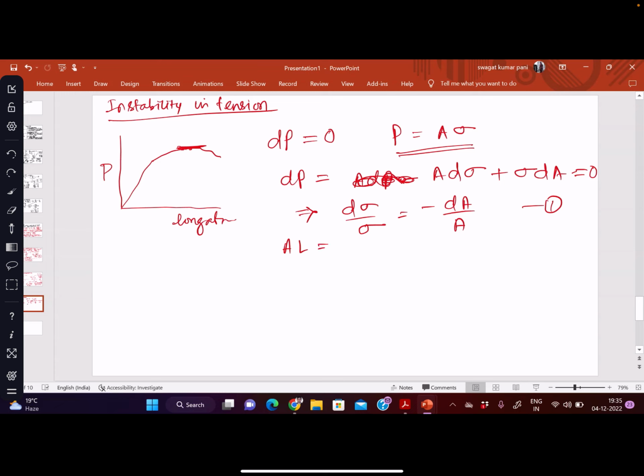And we know the constancy of volume during plastic deformation, so AL equals A0 L0.